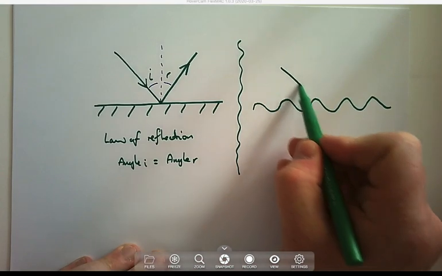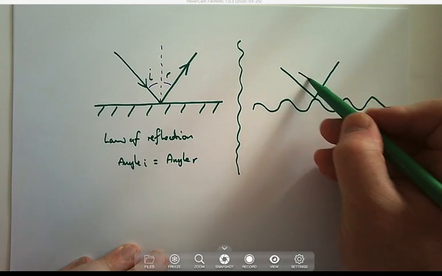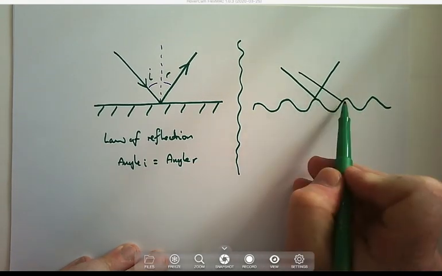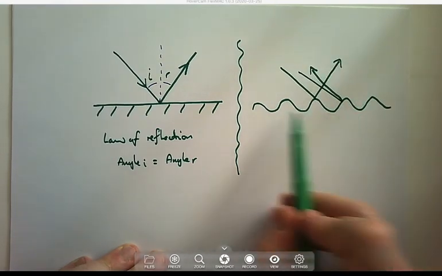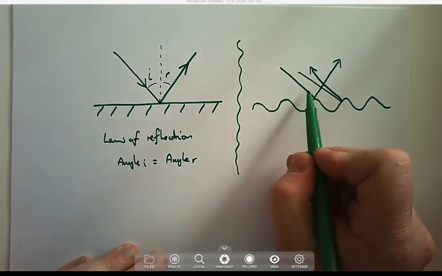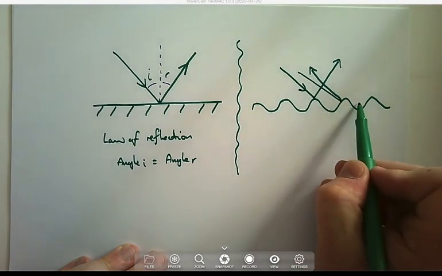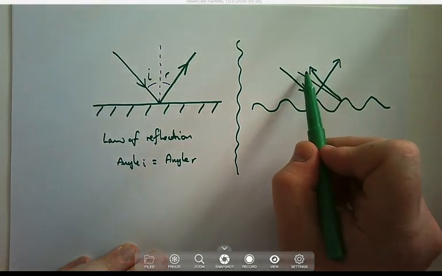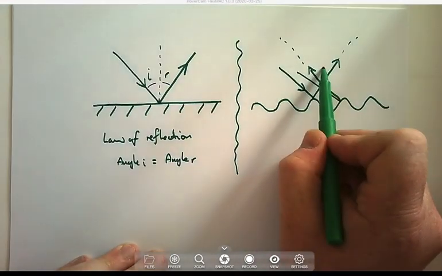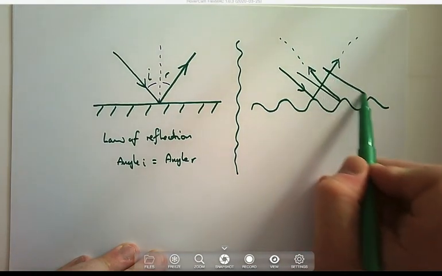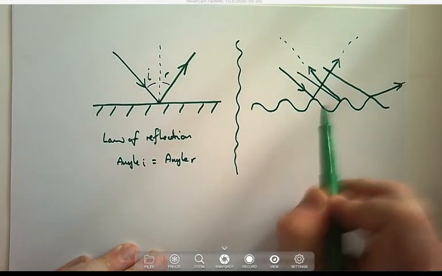But in this case, because the position of the reflective surface continually changes, when we get reflections, we can have a reflection going that way, and we can have reflections going all over the place.